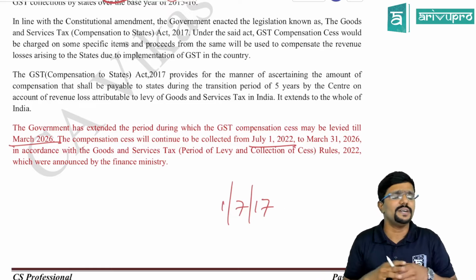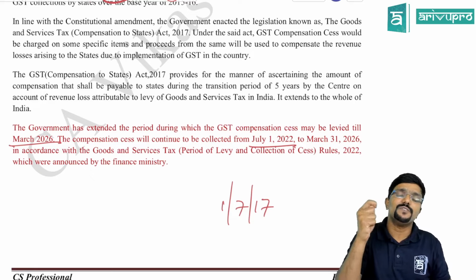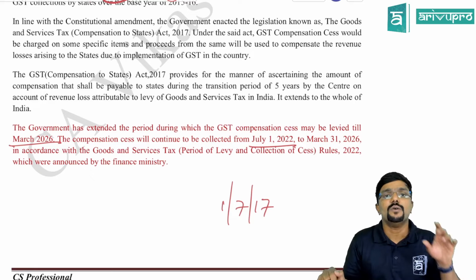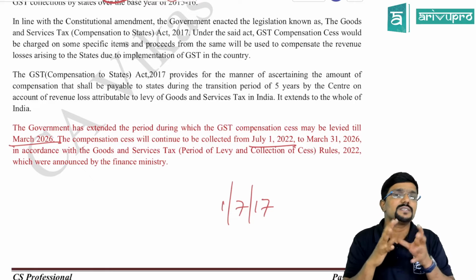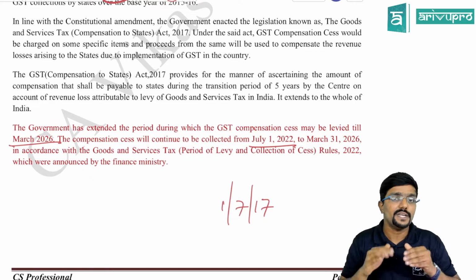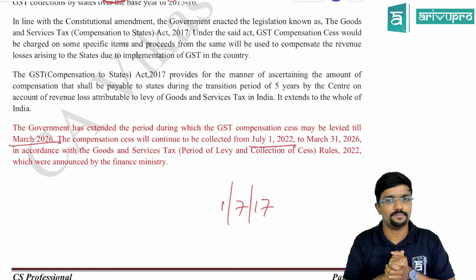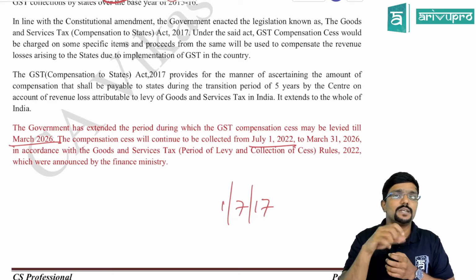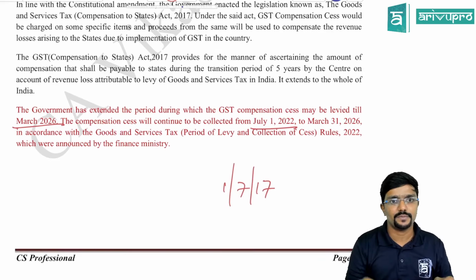Sir, how will the government give this compensation to the states? That is through the GST cess which the government will levy on the luxury and sin goods over and above GST. On some selected luxury and sin goods, in addition to GST, even the compensation cess is levied. From that the central government will be compensating the respective states.